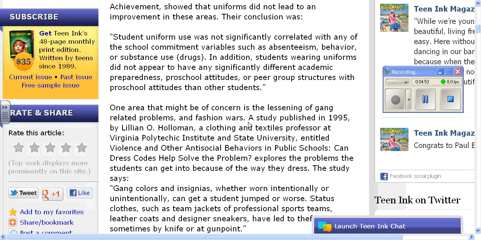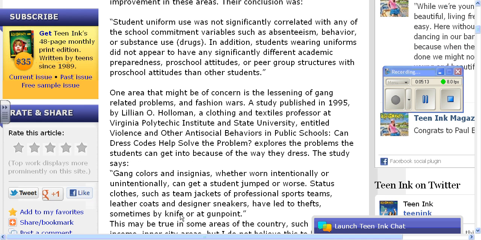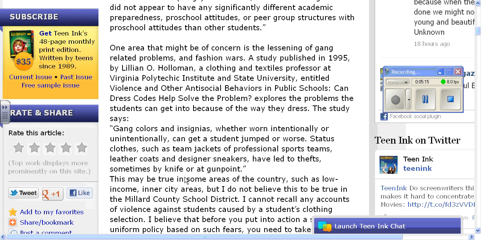A study published in 1995 by Lillian O. Holloman, a clothing and textiles professor at Virginia Polytechnic Institute and State University, entitled Violence and Other Antisocial Behaviors in Public Schools, Can Dress Codes Help Solve the Problem? explores the problem, then goes on to indicate gang colors and insignias, whether worn intentionally or unintentionally, can get a student jumped or worse."